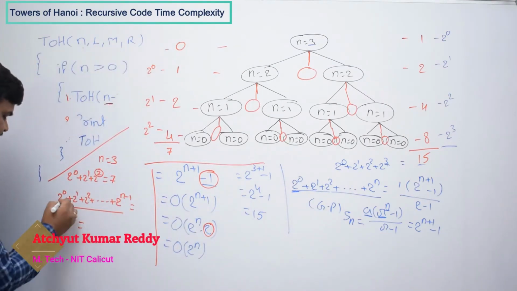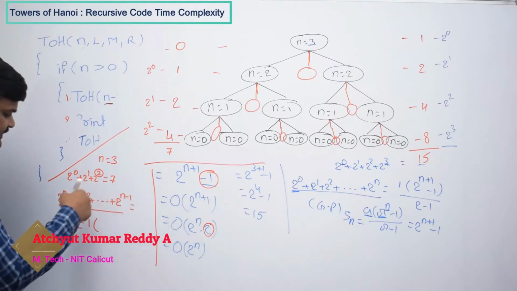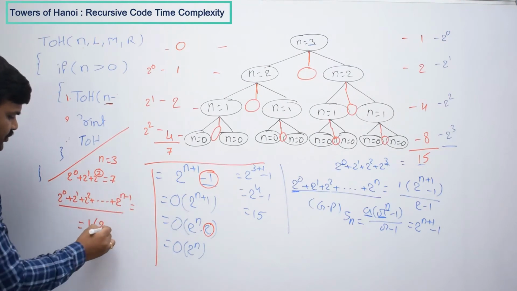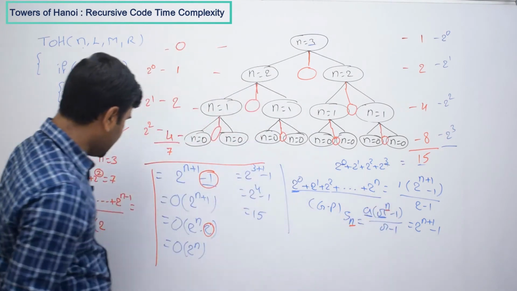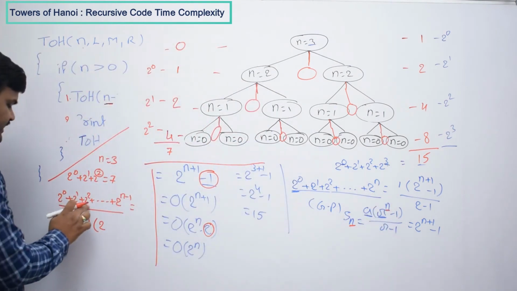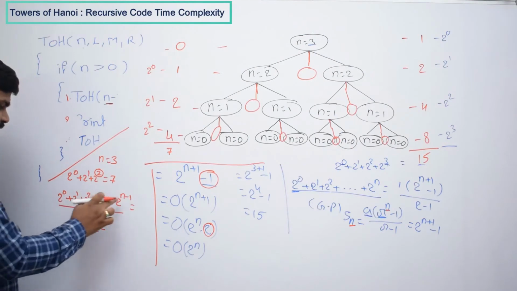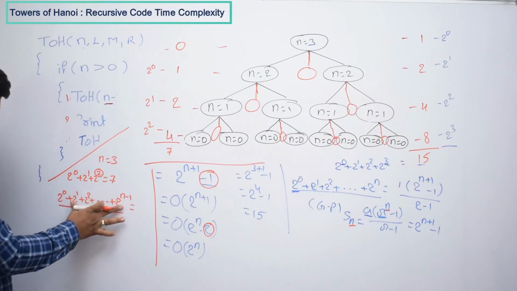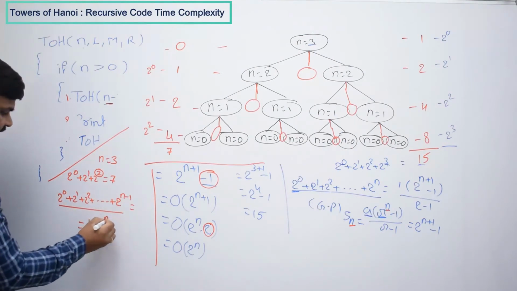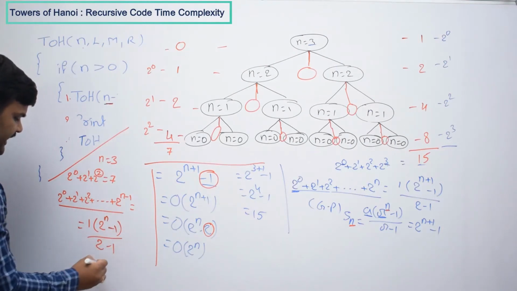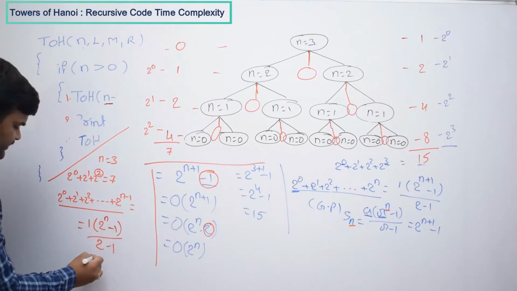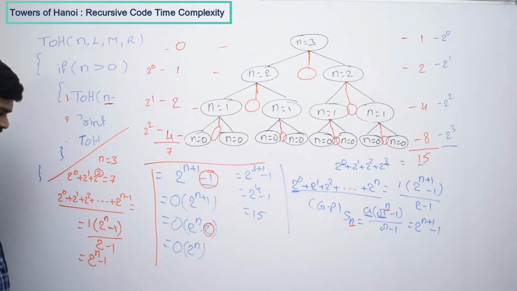So the initial term a is 1, the ratio is 2, and n, what does n mean here? The number of terms. How many terms are there? 1, 2, 3 and so on, 1 to n minus 1 terms plus 1, so n terms are there. Minus 1 by 2 minus 1. So this will become 2 power n minus 1.